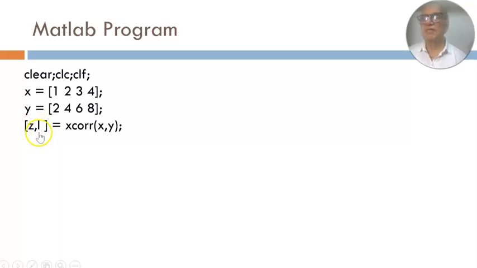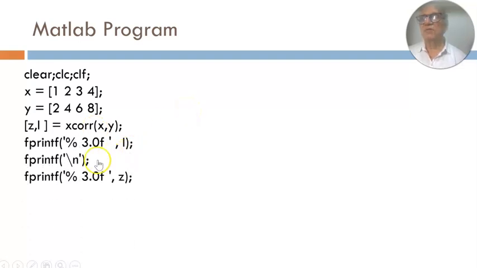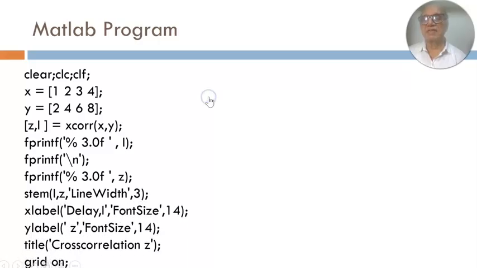So once you have got this, then you can simply print the values of I and Z and also plot Z as a function of I. So it's easy to do that. This is just fprintf and this is just the formatting. So you will print all values of I, and you will print all values of Z. And also you will make a plot of I versus Z. So you use the statement stem(I,Z).